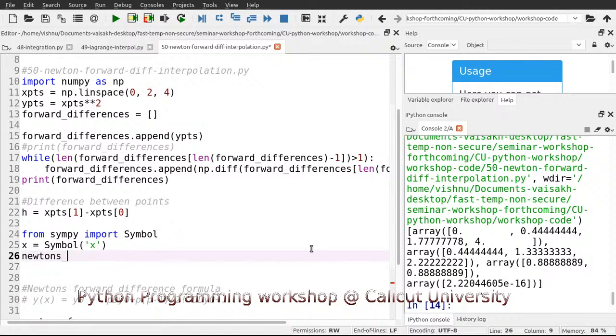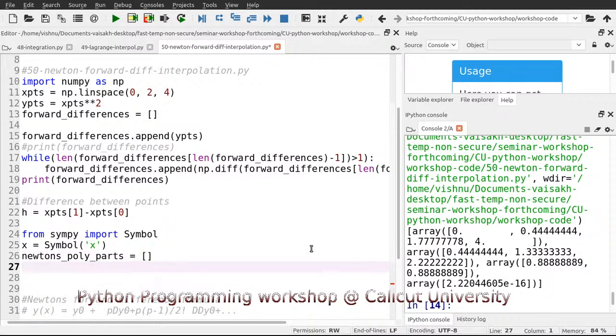Newton's formula parts: initially we compute the parts, and after that we sum all of them. From where to where do we have to go? Up to how many differences do we have? We have up to the third difference, with an array here, here, here, and here.